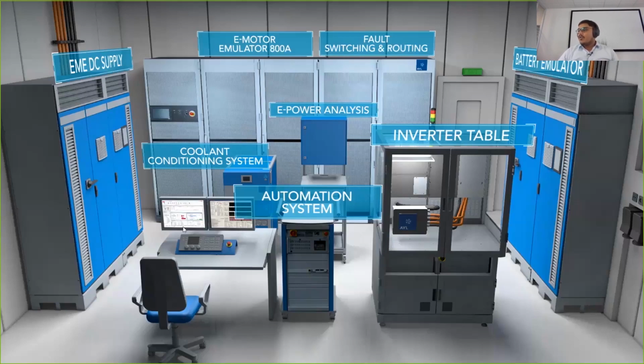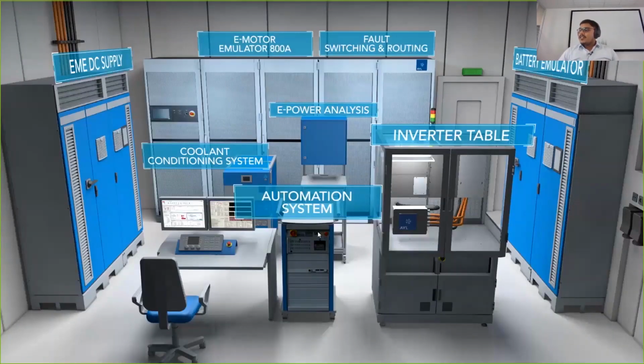Only one host PC can control both the inverter as well as the emulator, which makes the job of the tester very simple and easy. Optionally, we also have an e-power analyzer, which facilitates data acquisition and analyzing all your test results, on which there is one more webinar available from AVL SET in these live training sessions.